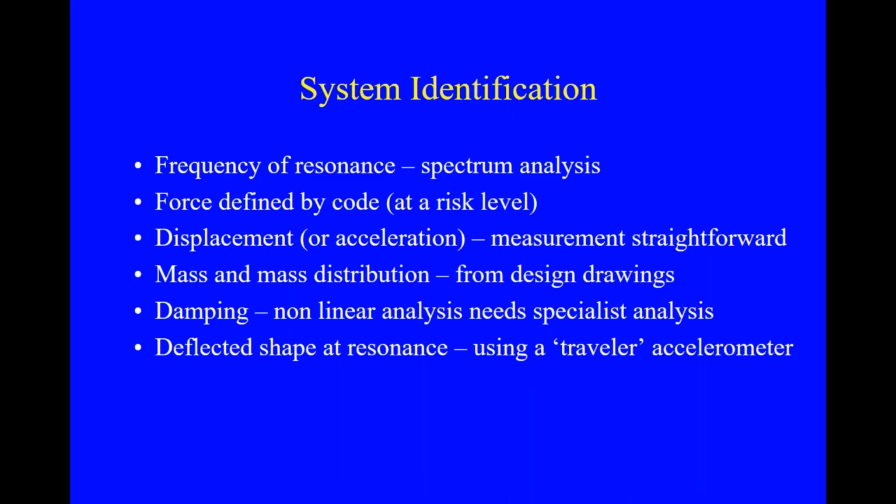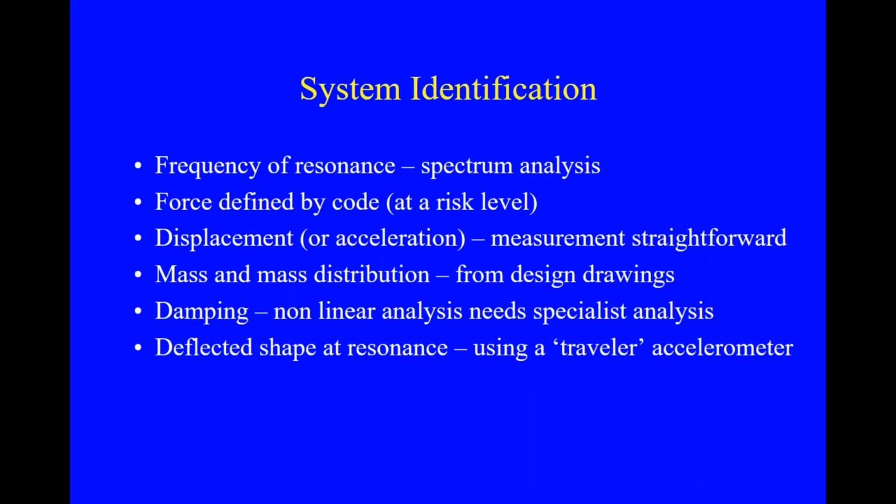We make sure that the variance errors associated with a random variable are reduced to levels that are acceptable. The force is defined by code. We actually say now to a designer, you choose the risk, and the code of practice will tell you what you do with the force associated with that risk. You can then apply that to a structure by creating base moments. We do that for both wind and earthquake engineering.